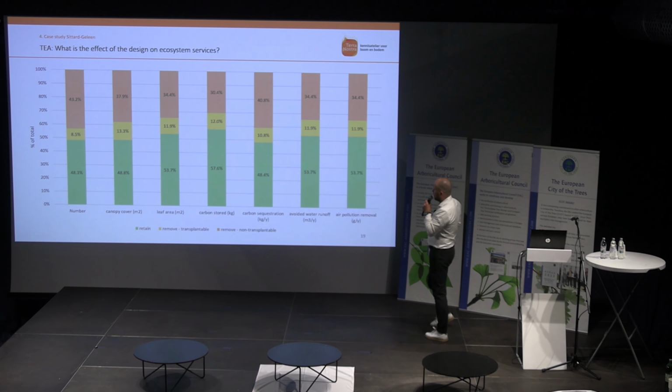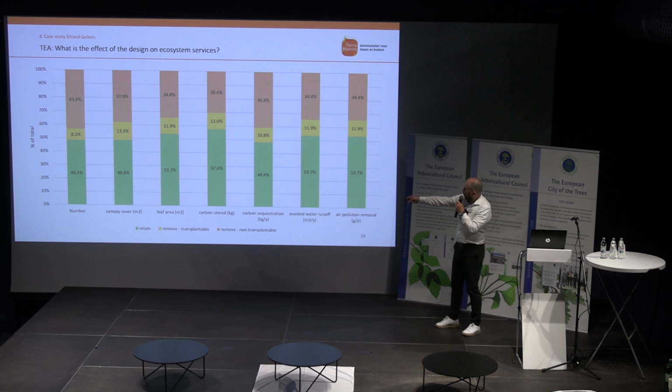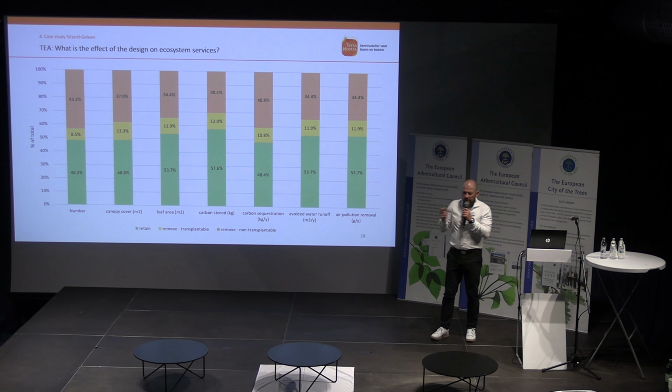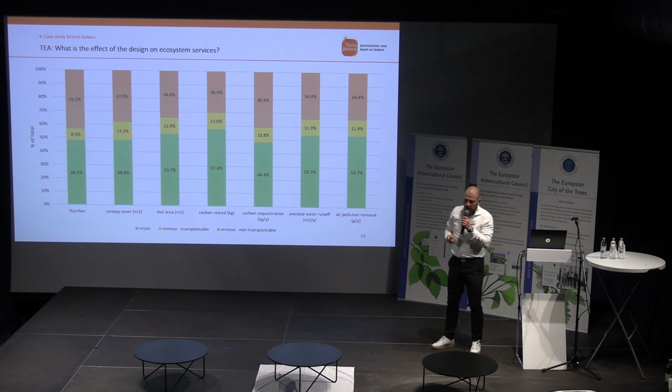And there are differences. For example, when you look at the carbon stored, we will lose 30% of the stored carbon in this project. But when it comes to the carbon sequestration, we will lose almost 41%. So this gives us totally different information to make decisions and recommendations in the project.